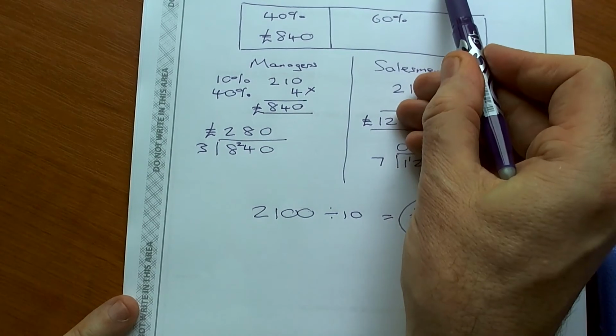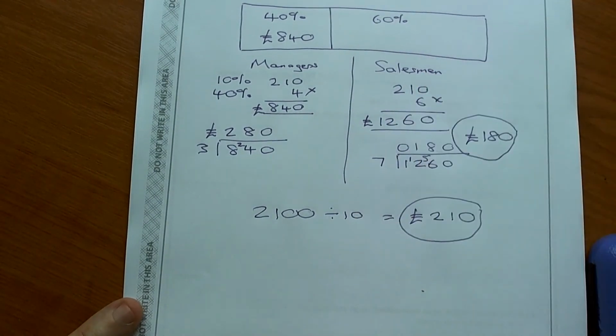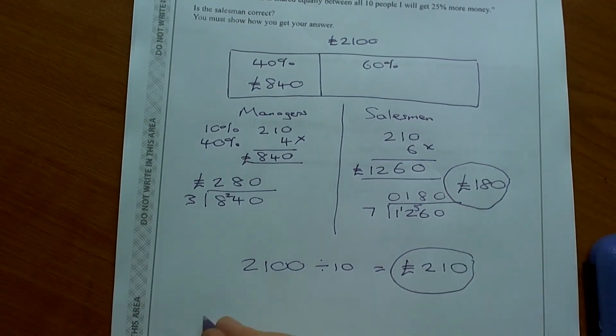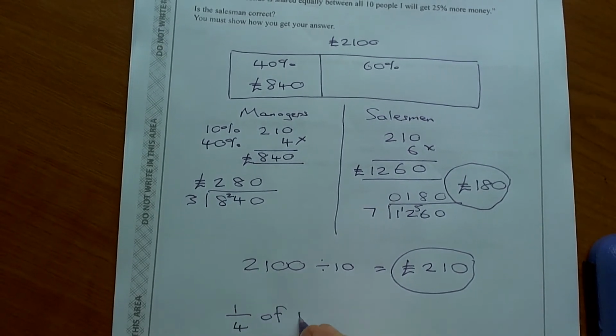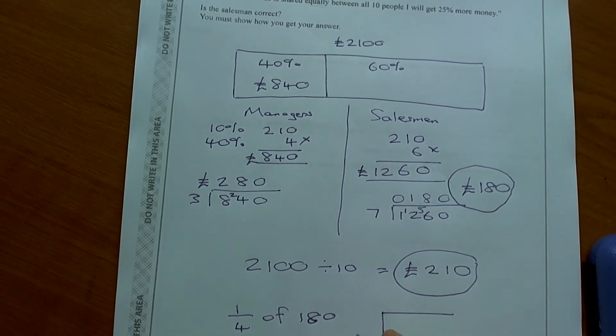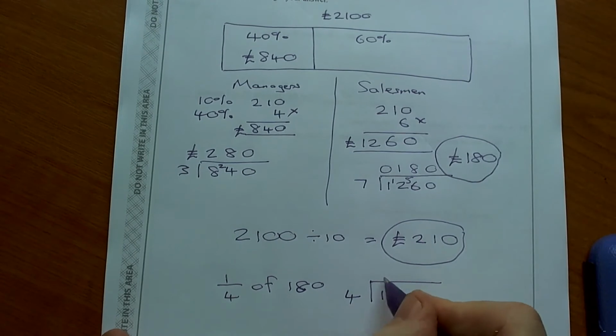Now the salesman said he would get 25% more money. So 25% is a quarter. So what does he get? He gets 180. So let's work out what a quarter of 180 is. We'll do another bus stop division. 4 into 180.